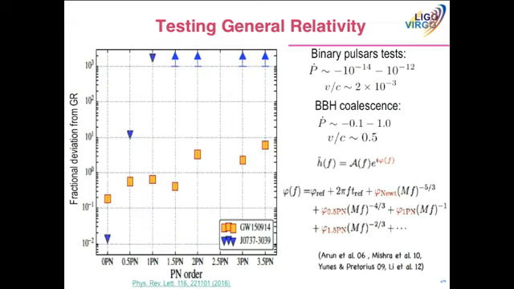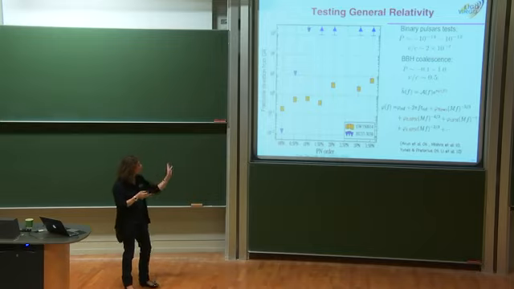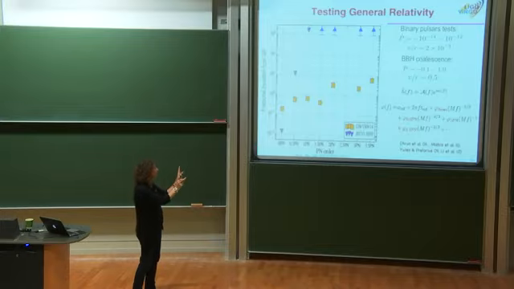We can also test GR, and I won't have time to describe this, except to say that we do this by converting it into post-Newtonian orders. Harald talked a bit about those post-Newtonian orders; it's not exactly the same, but it's the same idea.